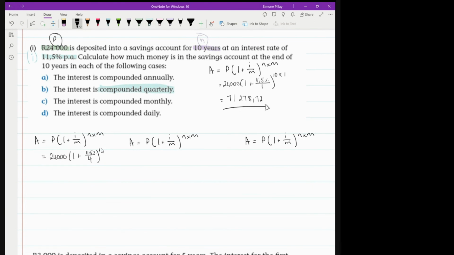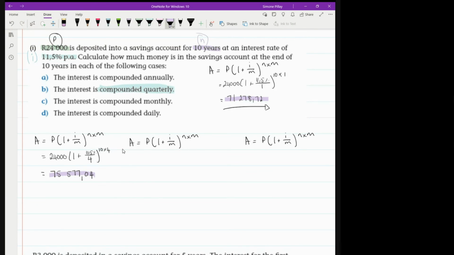My n is going to be 10, but multiplied by m, which is 4. What are we getting? 75,577 rand, 4 cents. So immediately, look at this answer and look at this answer. Do you see that when it was compounded quarterly, we immediately had more interest that was added?